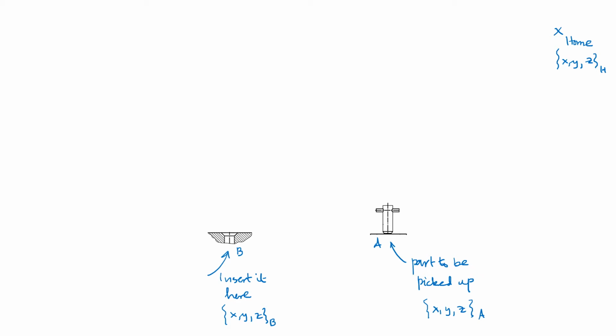So the very first phase is how you're going to start from the home location and reach all the way to point A. And that is the first phase of motion planning. Now in this segment, starting from the home location all the way to point A, the robot must ensure that this segment is collision free.